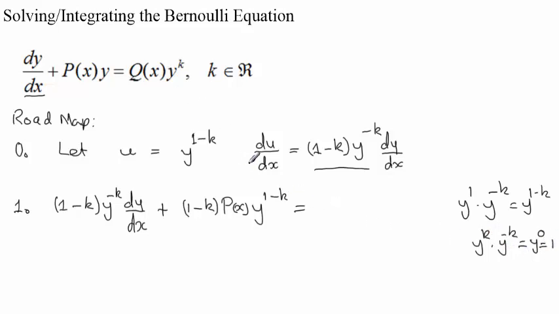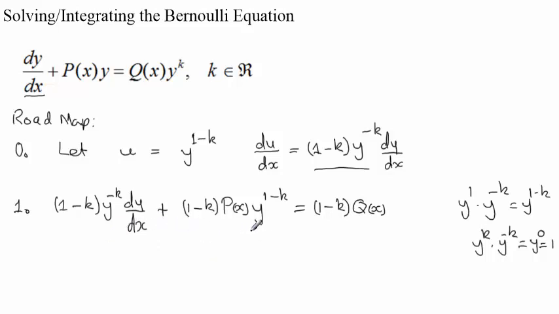So we're going to be left here with 1 minus k multiplied by q of x. I think at this stage we can become comfortable saying this is a linear equation.